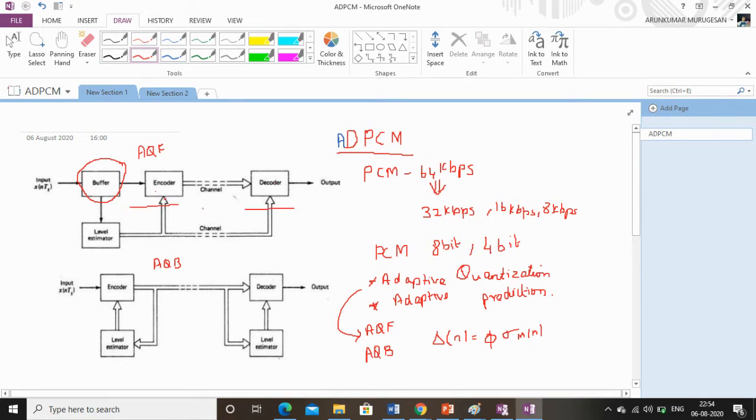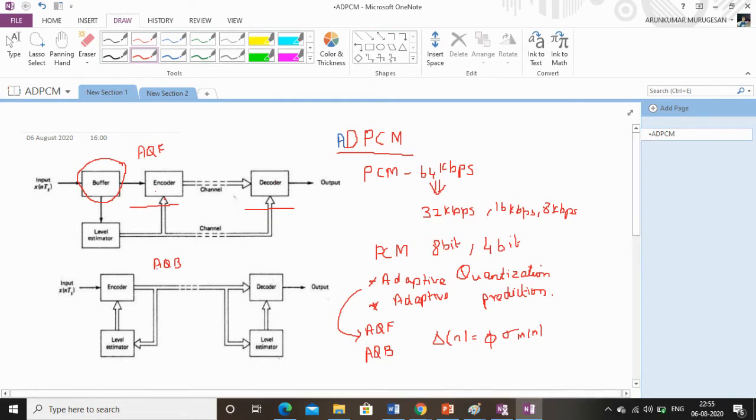The transmitter and receiver are connected through the channel, and the level estimator estimates the standard deviation. This standard deviation is given to the transmitter and also to the receiver side decoder, so it requires transmitting the level information. So the problem in adaptive quantization with forward path is that it requires buffering, and it creates processing delay and level transmission. So we avoid the adaptive quantization forward path.